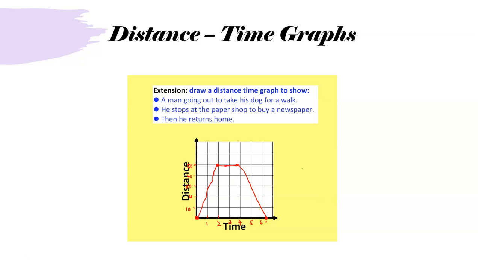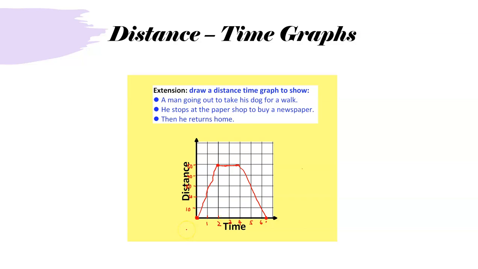It's important to remember that when I am walking away from my starting point, I am walking away from the horizontal axis. If it's taking place over time, my time progresses away from the vertical axis.